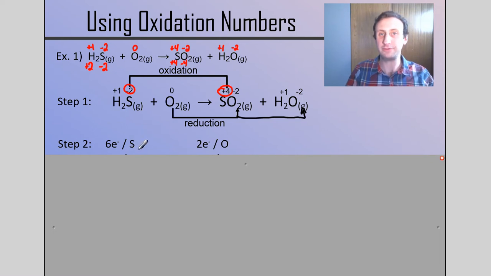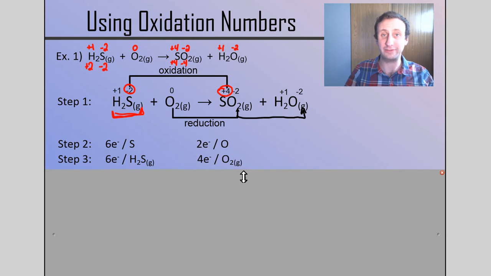Now I only have one sulfur here, so the next part seems silly, but that needs to be instead represented for the whole compound, the whole chemical species here of H2S. So it ends up being 6 electrons per H2S because I have one sulfur per H2S and 6 electrons per sulfur, so that's 6 electrons for the hydrogen sulfide. For oxygen, it's a little bit less silly because I realized, okay, I went from 0 to -2, right?